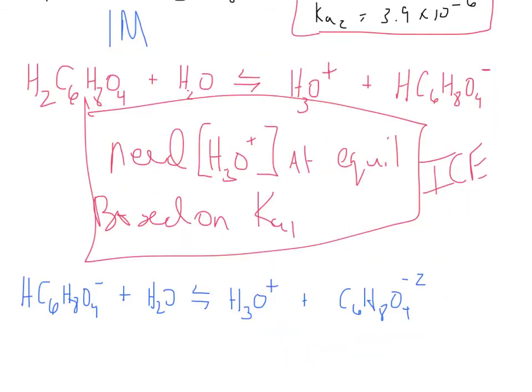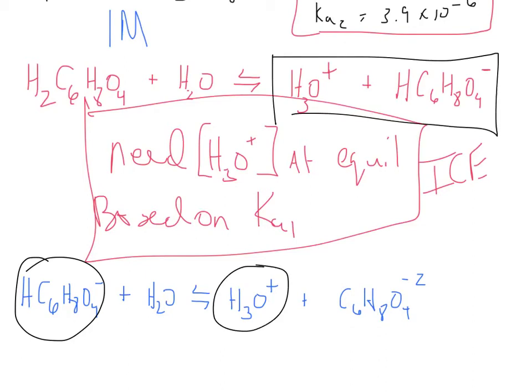Okay, with the Ka2, we're looking at the second dissociation reaction, and again we set up an ice table. This is the tricky thing: we get this concentration and this concentration because those are the products of my first dissociation reaction, so the concentrations I would get in those would actually become these concentrations.